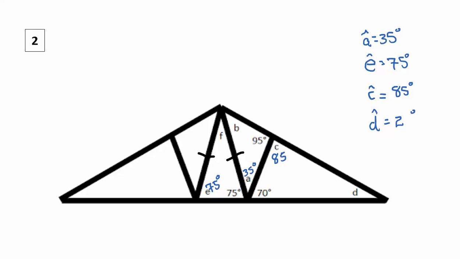So that angle there, angle D, will be 25 degrees. Sorry, I'm pushing on my pen. I've got a very sensitive button that I seem to be pushing the whole time.